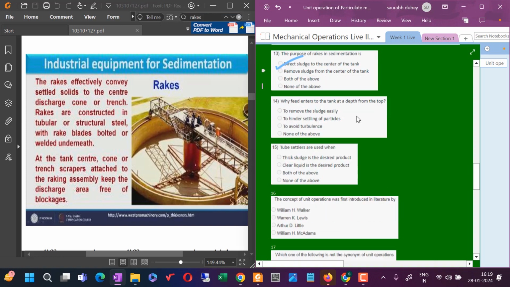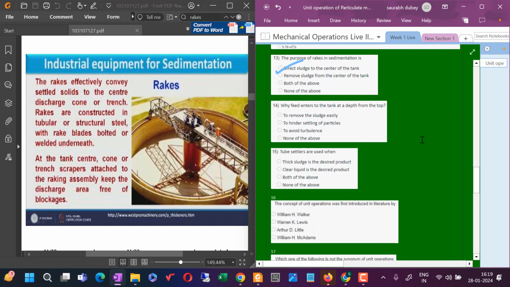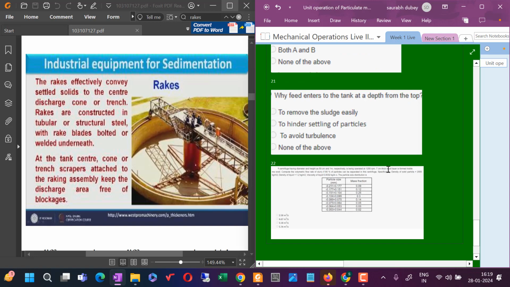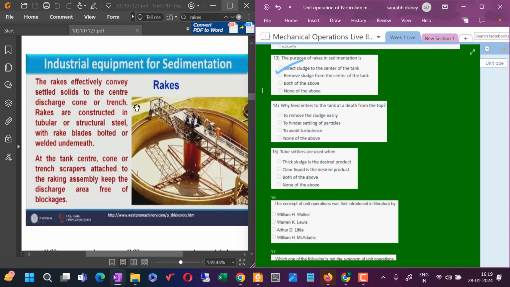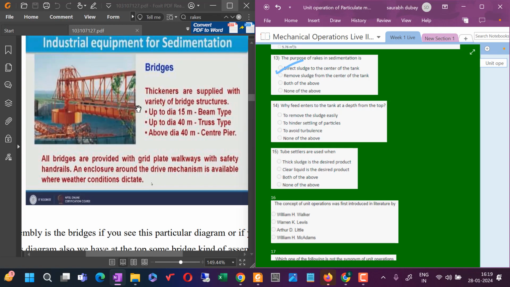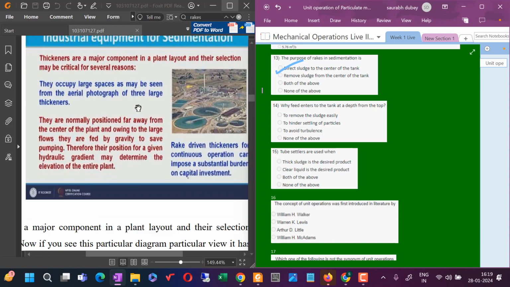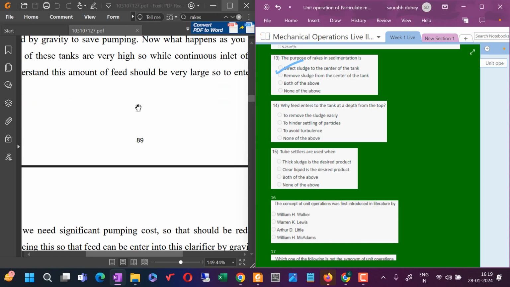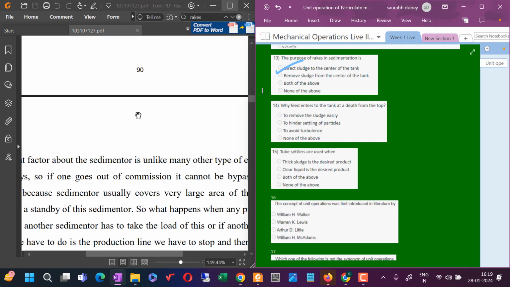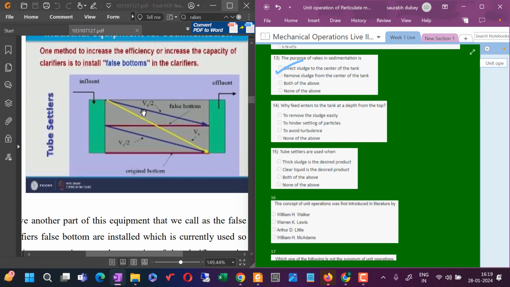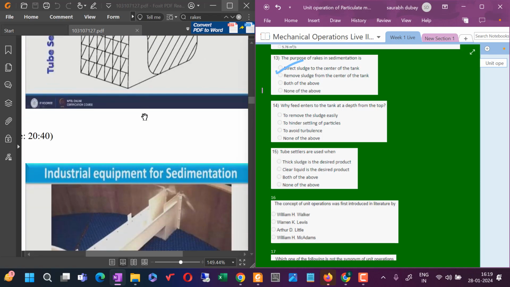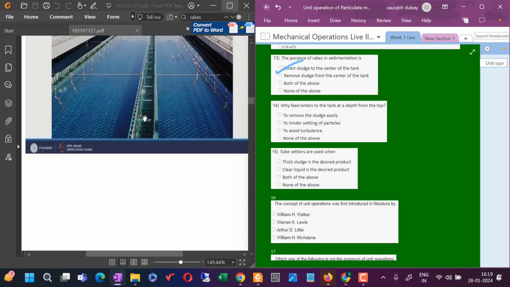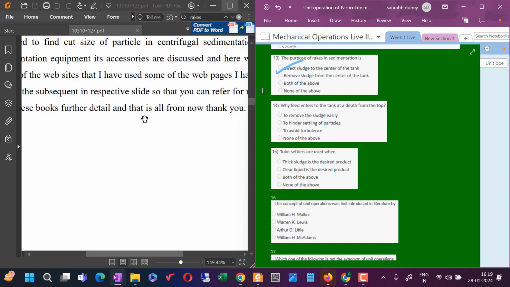And then, why does the feed enter the tank at a depth from the top? It is put at a depth from the top in order to avoid turbulence. If there is turbulence, it will cause ineffective settling, and hence this turbulence has to be mitigated.